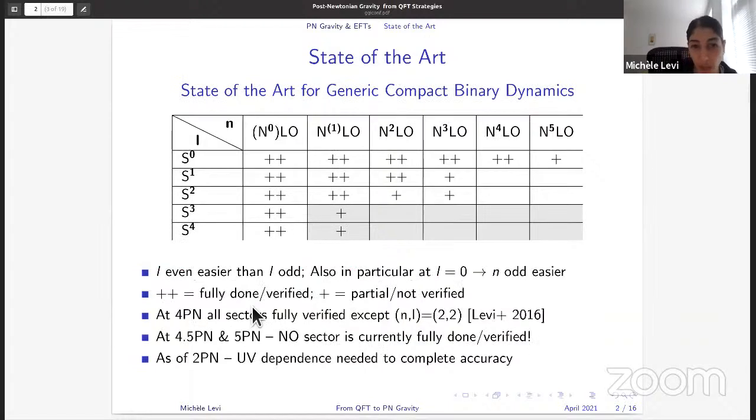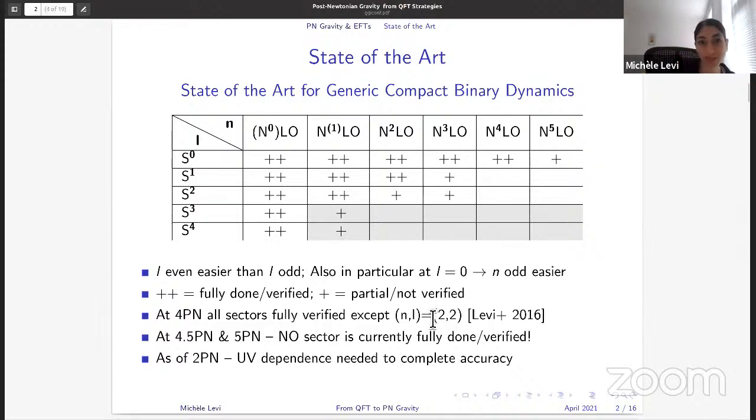Now, there are general trends that can be said about the state of the art, at least for all the sectors that are known so far, which are covered in this table. The legend here is that 2 pluses, it's not helicity notation, means that the sector is fully done and fully verified. 1 plus means that the sector was only partially approached or only approached by a single group, so it has to be cross-checked.